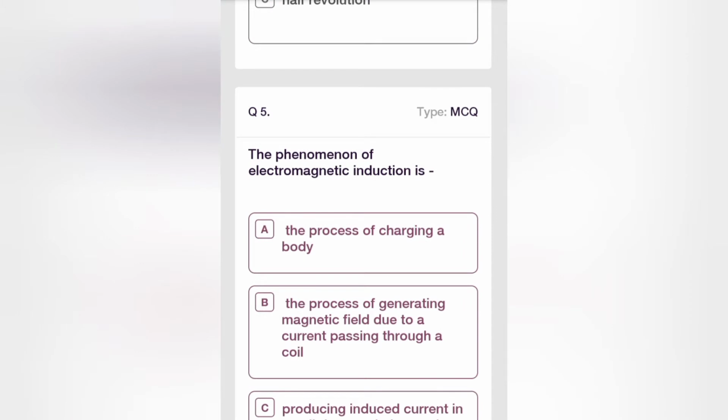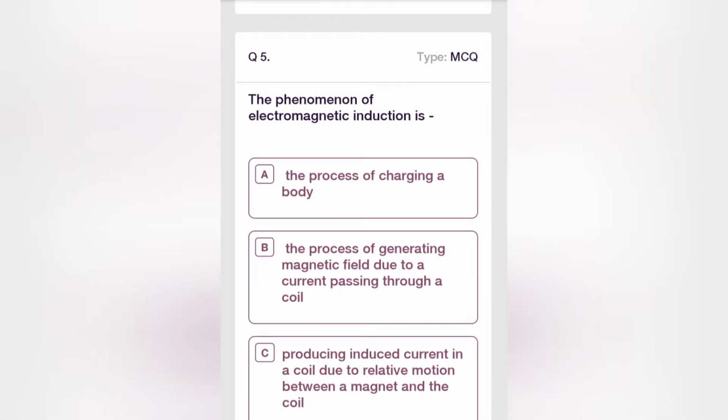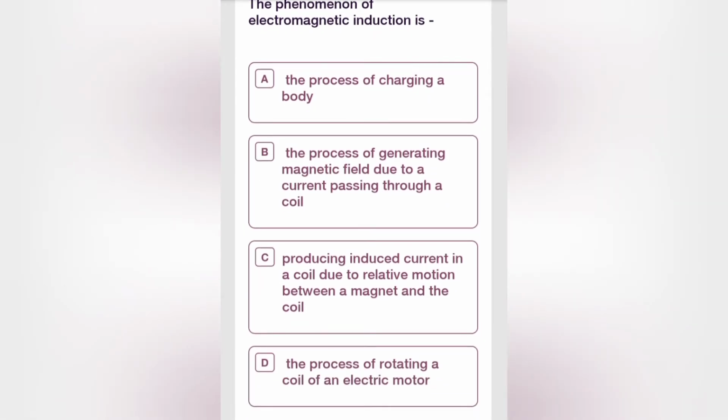The fifth question. The phenomenon of electromagnetic induction is: process of charging a body. No. Process of generating magnetic field due to current passing through a coil. No. Producing induced current in a coil due to relative motion between magnet and the coil. That's right. The process of rotating a coil of an electric motor. No. So electromagnetic induction takes place in generator.